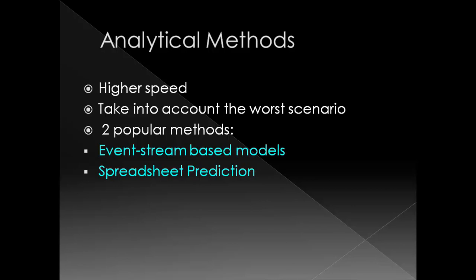So that was one way of estimating. But again, that requires building of the spreadsheet prediction. It has to take these values from existing implementations, and based on that, the next future estimations can be built. So this is how spreadsheet prediction works.